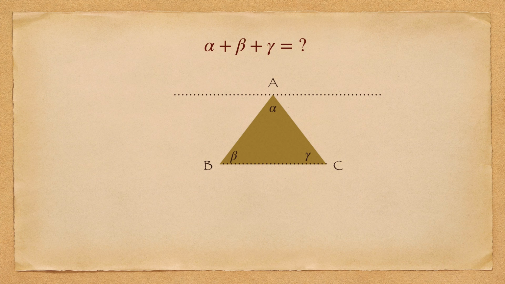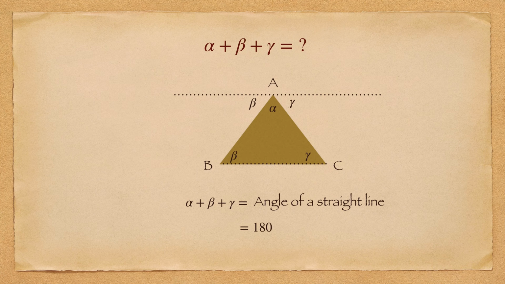As the line runs parallel to the base BC, AC and AB can act as transversal lines. We can see that gamma will be next to alpha and so will beta, because of the alternate angles. Now beta, alpha and gamma lie in a straight line, and the angle of a straight line we know adds up to 180 degrees.